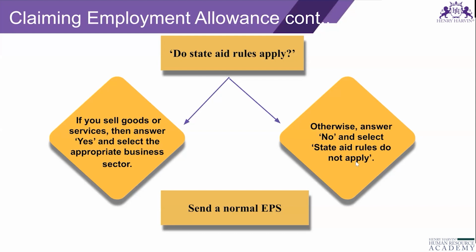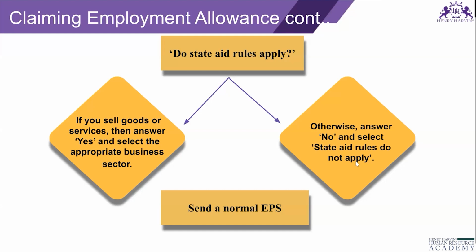There are multiple business sectors, like aqua related, such as fisheries, and there could be some construction related, like road transport. So these are some services, whereas a business like fisheries is for selling goods. These kinds of businesses have some state aid rules under which they get some benefits.